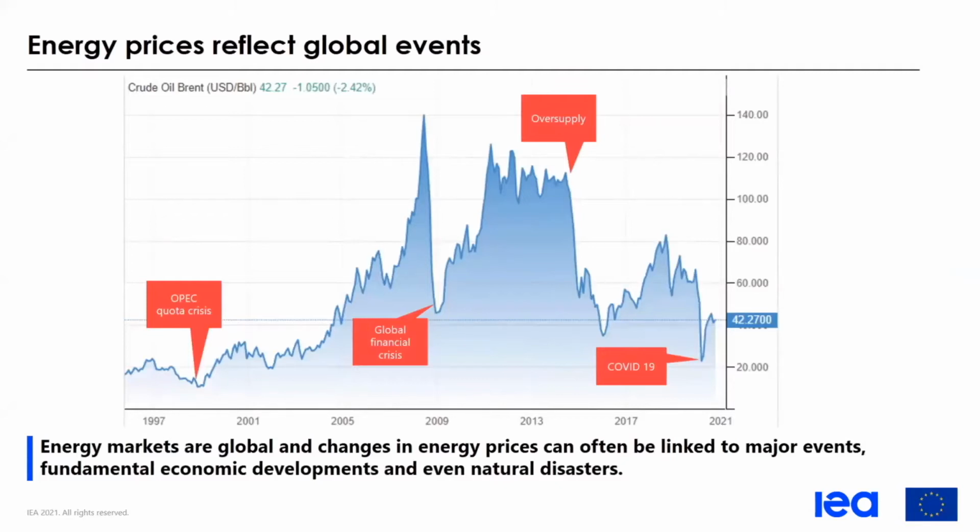In the graph, we can see the steep price decreases caused by the global financial crisis in 2008-2009 and the oversupply in the market in 2014. More recently, we can see the effect of the COVID pandemic on the market, with the reduction of the price linked to the reduction of consumption.